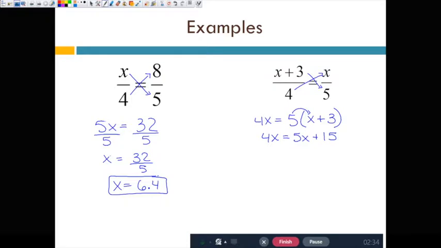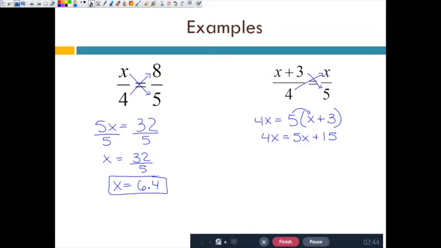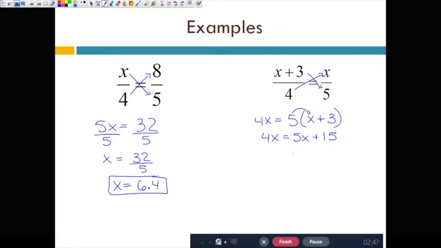So now that I distribute, we don't have fractions, I don't have like terms, so I'm going to move my variable.